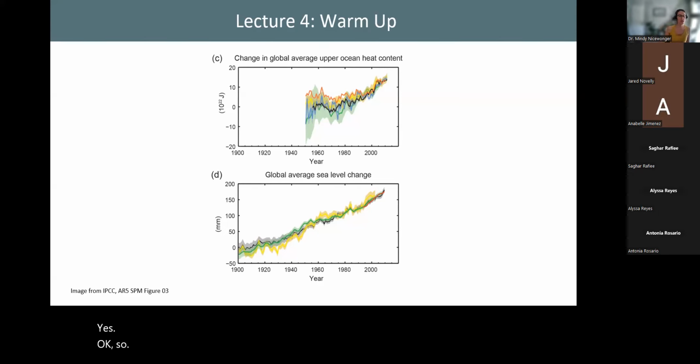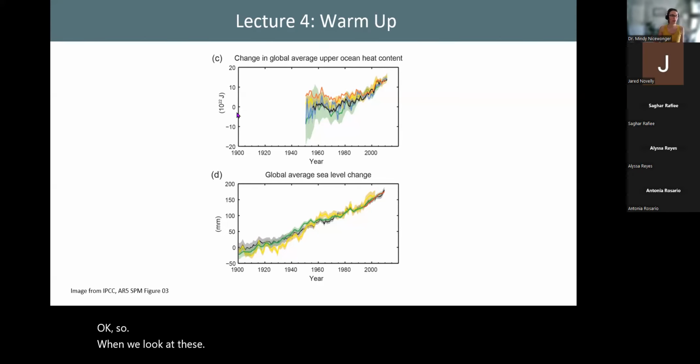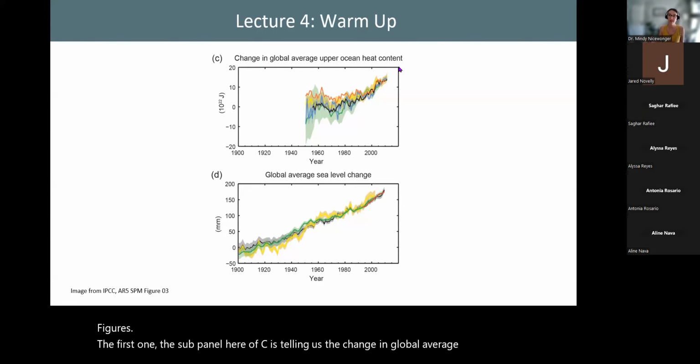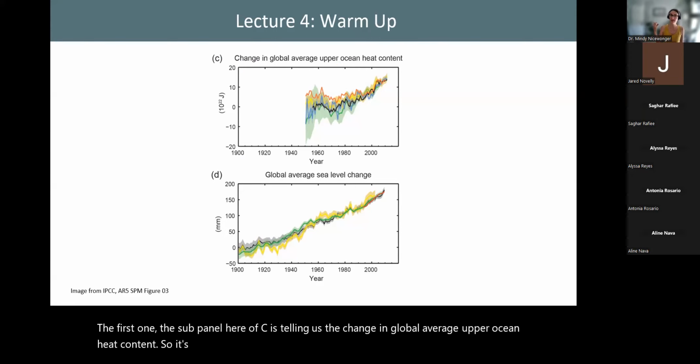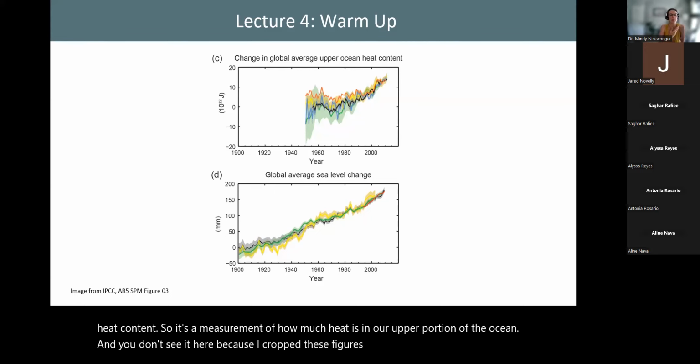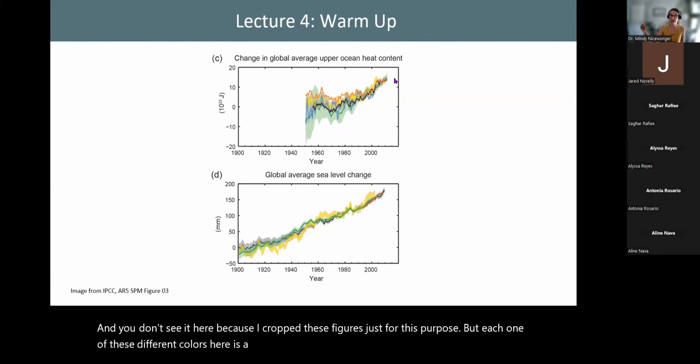When we look at these figures, the first one, the sub-panel here of C, is telling us the change in global average upper ocean heat content. So it's a measurement of how much heat is in the upper portion of the ocean. You don't see it here because I cropped these figures just for this purpose, but each one of these different colors is a different measurement technique.